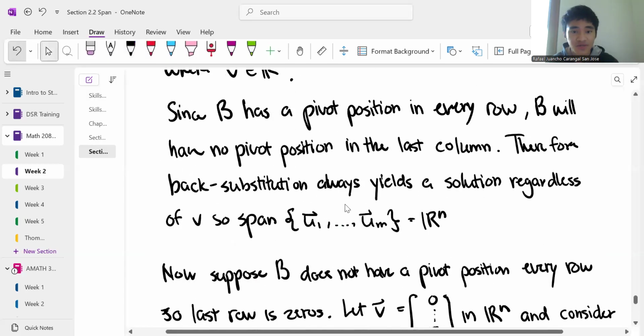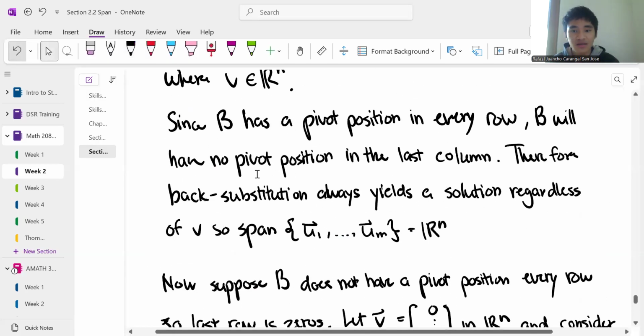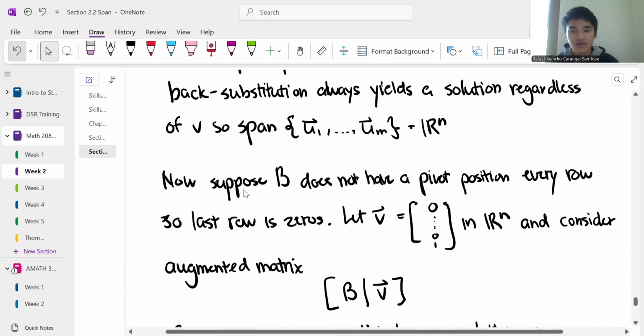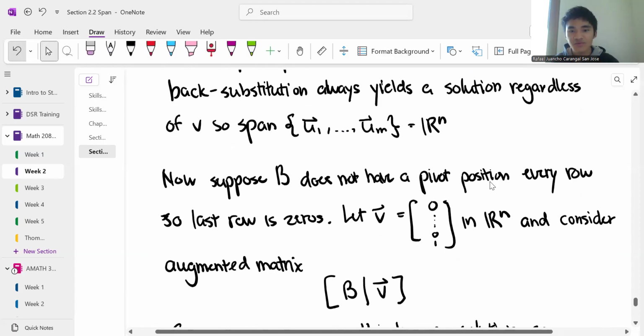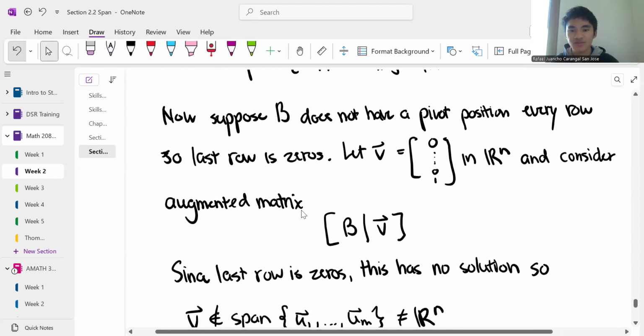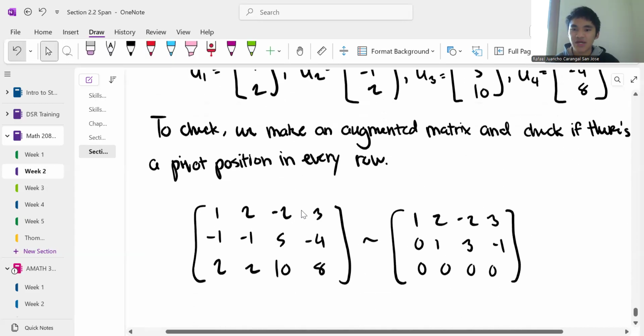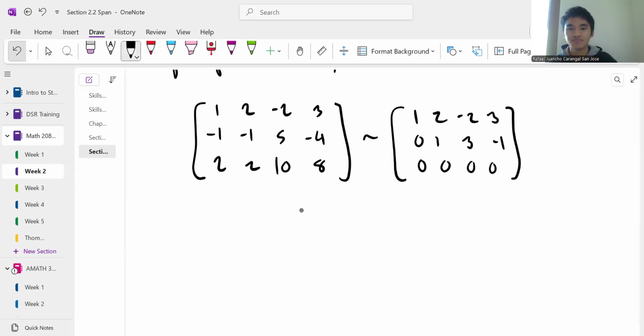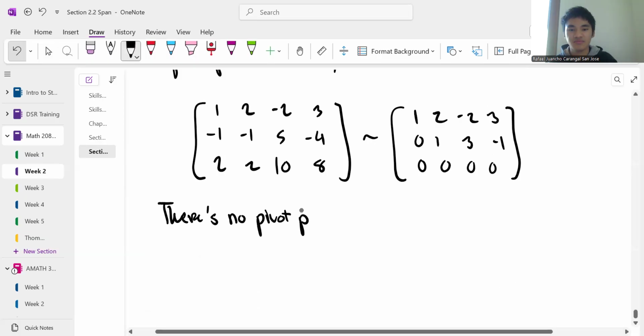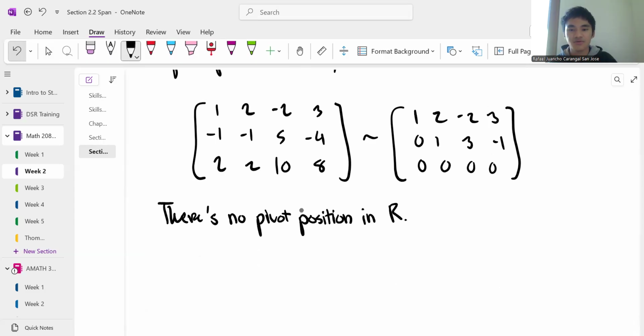And if we look at our proof here, let's say there's no pivot position in every row. The last row is zeros. So this doesn't span Rn. So there's no pivot position in row 3, so the span is not Rn.